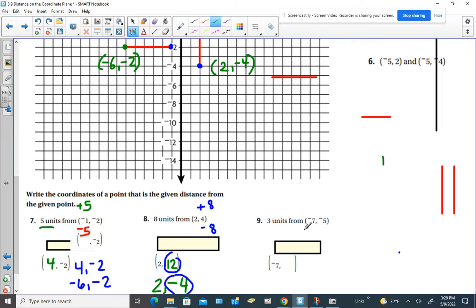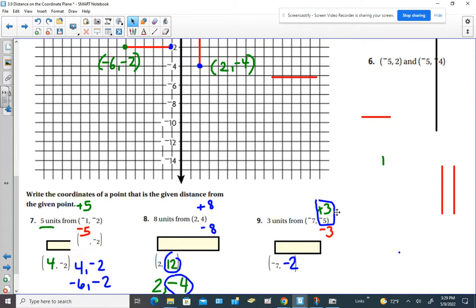So in this case, they want you to keep the x's the same. So that means we're either going to be adding 3 to a -5, or we might be subtracting 3 from a -5, because the -7, they want that the same. So what is a +3 and a -5? What does that equal? If we combine these two, then we're talking about a -2.